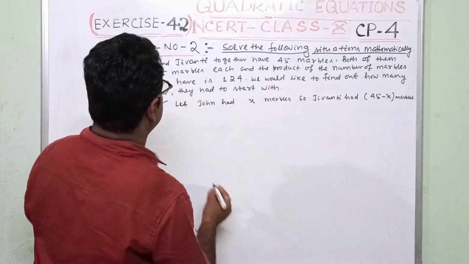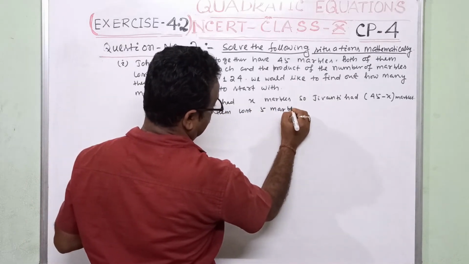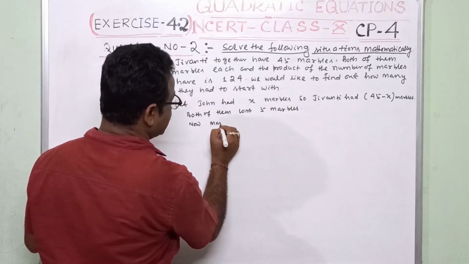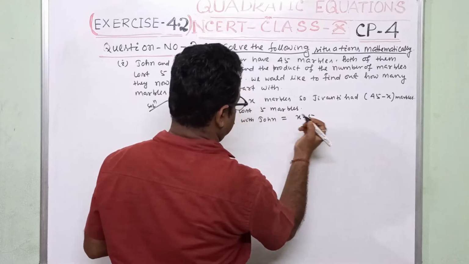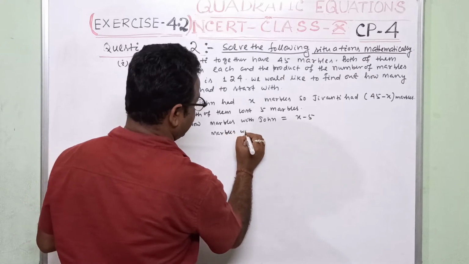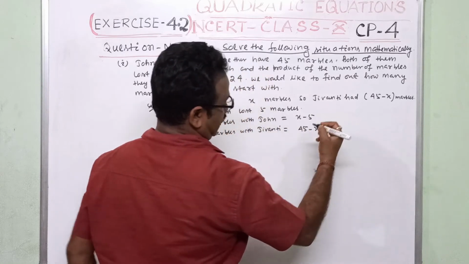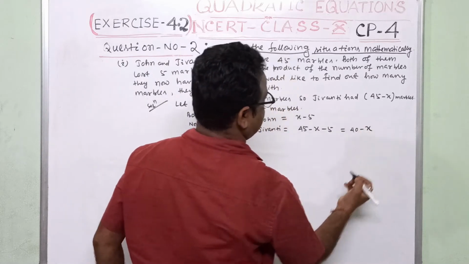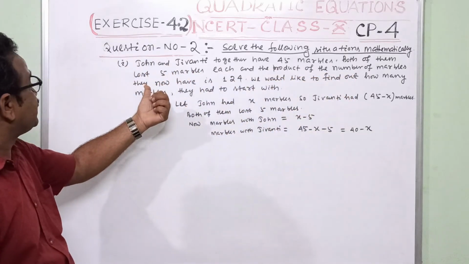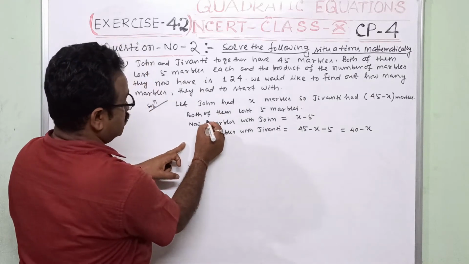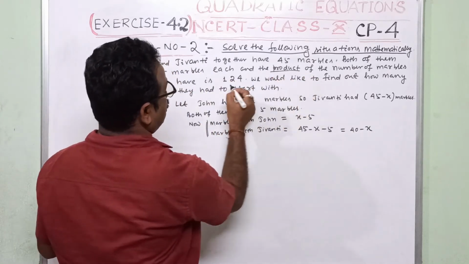Now, both of them lost 5 marbles. Now, marbles with John is equal to X minus 5 marbles, with Jivanti is equal to 45 minus X minus 5, which is equal to 40 minus X. Now, the product of the number of marbles they have, the marbles X minus 5 and 40 minus X, is 124.